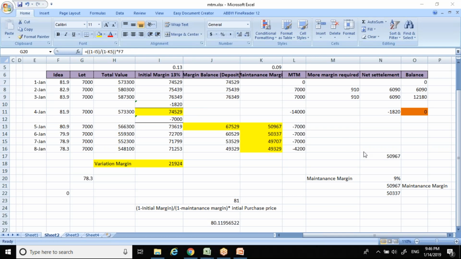It may differ from broker to broker. One broker may ask you a little less margin, another a little more. But they cannot go below the initial margin requirements set by the exchange.